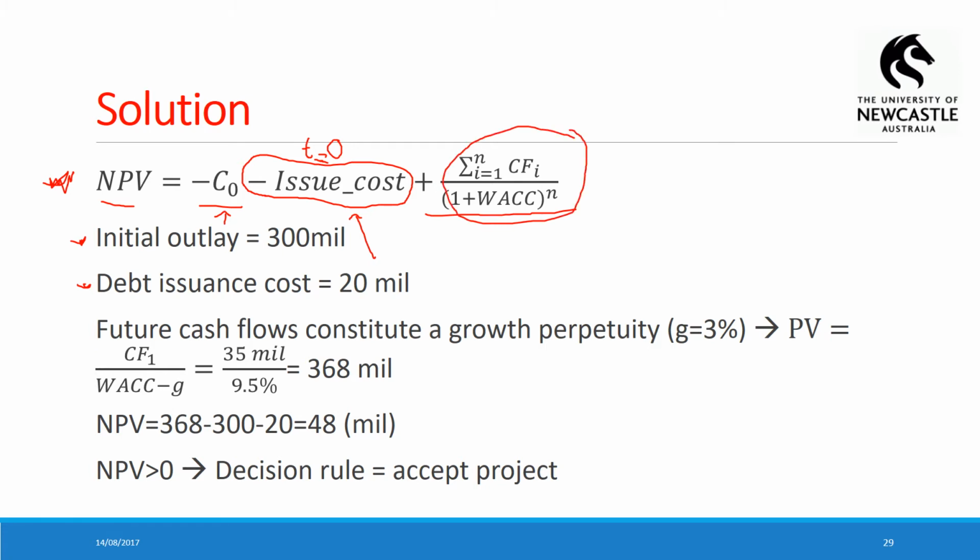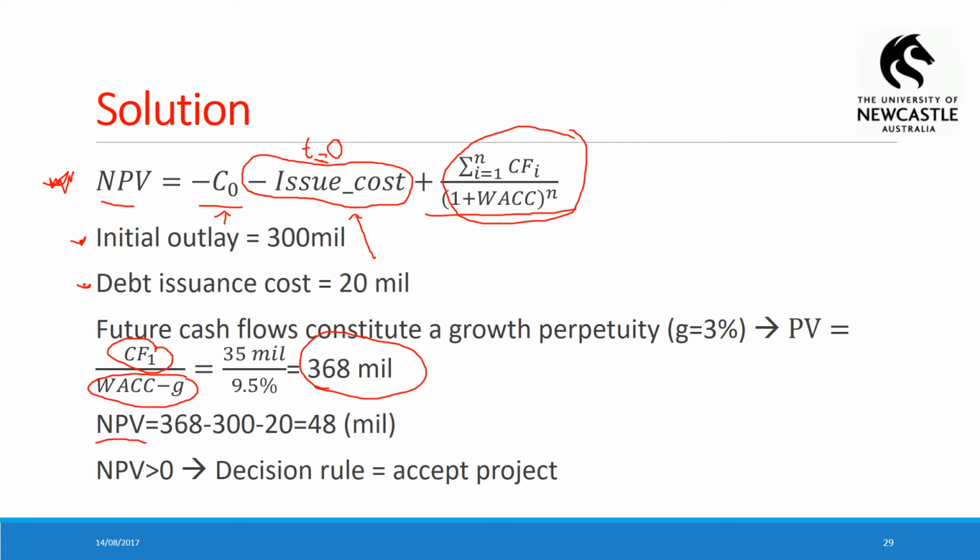For this sum over here, we know from the previous question that this is a perpetuity with constant growth. The cash flow in the first year was $35 million. Applying a present value formula for a constant growth perpetuity, we work out the present value of the future cash flows of this project.